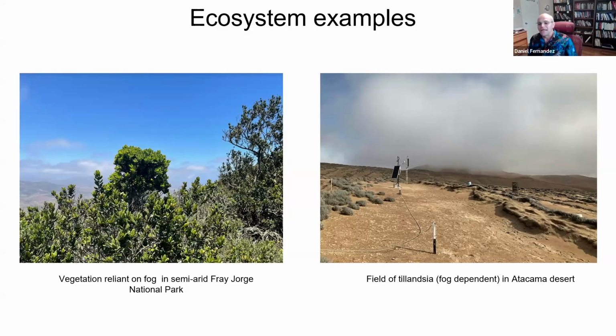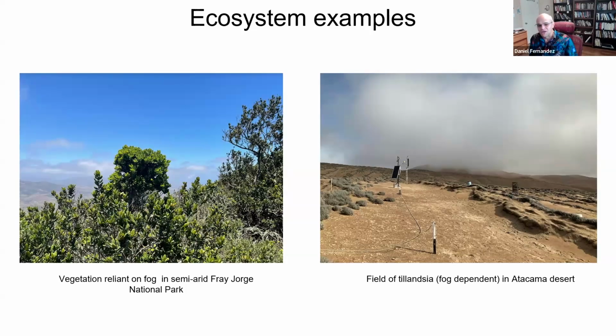On the right is a very arid location in the Atacama Desert, considered to be one of the driest regions in the world. And those plant-like structures that you see on the left side of the image on the right are called tillandsia, a version of which are the air plants that some of you may know of, that obtain their water pretty much solely from fog.